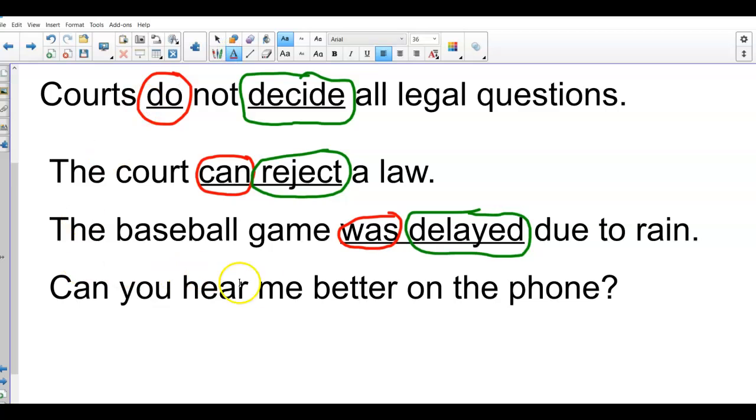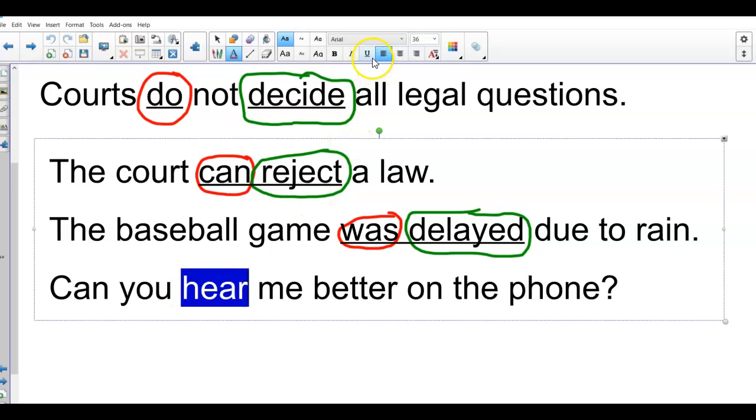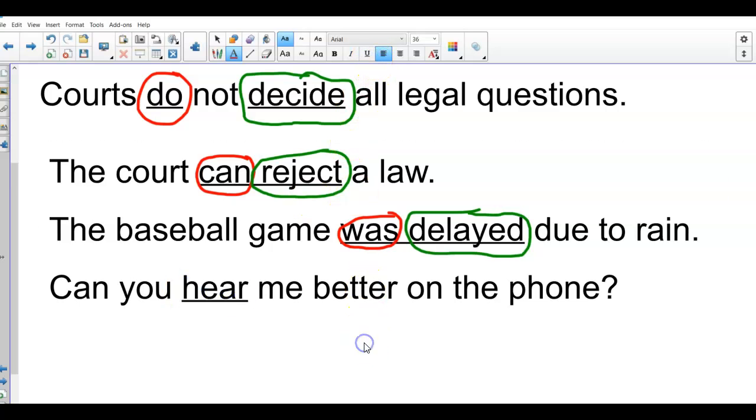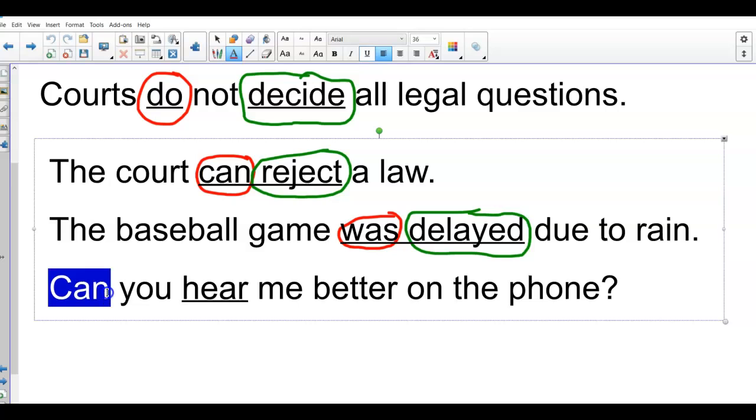And the last one, can you hear me better on the phone? All right, here I know hear is a verb, so I'm going to underline that. Now I have to go find the helping verb. Can you hear me better on the phone? Can sounds like it's working with hear. Now notice, I'm not underlining you because you is not a verb. It's not part of the verb phrase, okay?